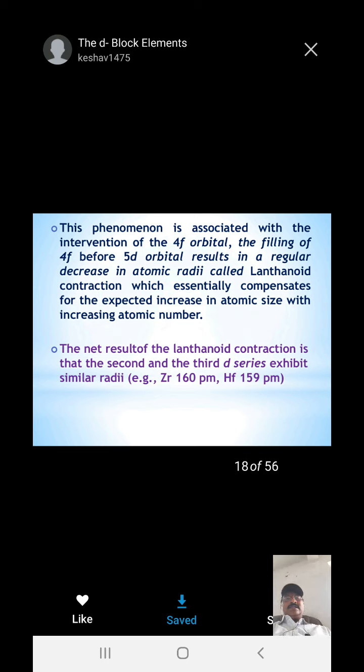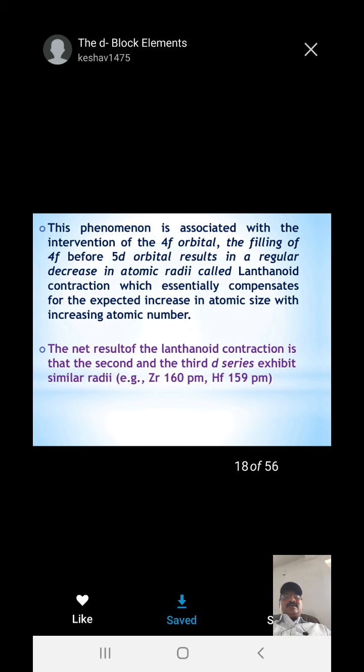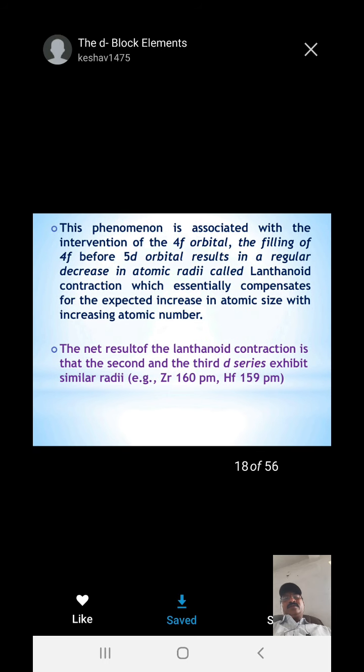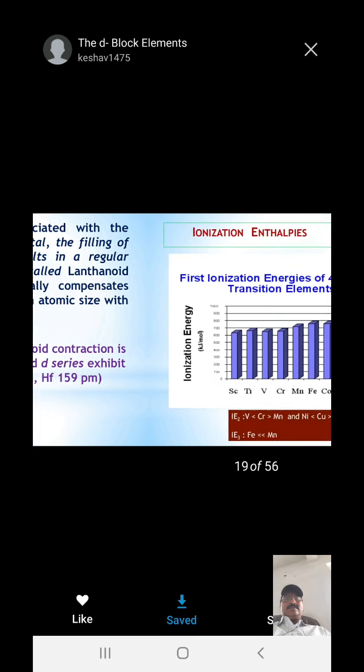Whereas in the case of 4d and 5d series, both have similar atomic size because lanthanide contraction takes place. Means here the electrons enter the f orbital also. The f orbital has a poor shielding effect. So due to the poor shielding effect, the 4d and 5d series elements show similar atomic size.